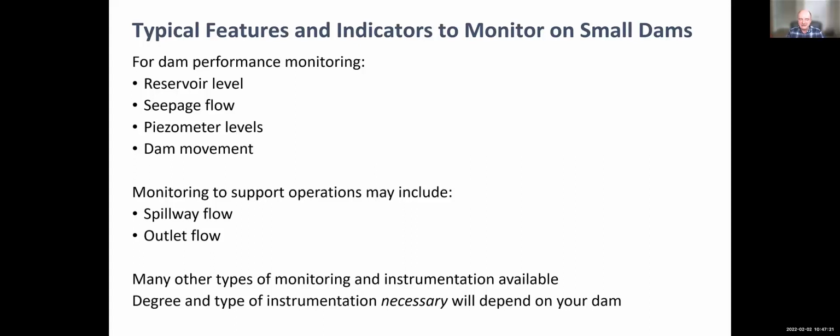So there is always evidence of distress in the dam through displacements and movements, but typically they're going to be hard to monitor. And just to support your operations, to make sure you're operating the dam the way you want to, an understanding of what the spillway flows are, and maybe outlet flows if you have a low-level outlet. Those are things that should probably be monitored.